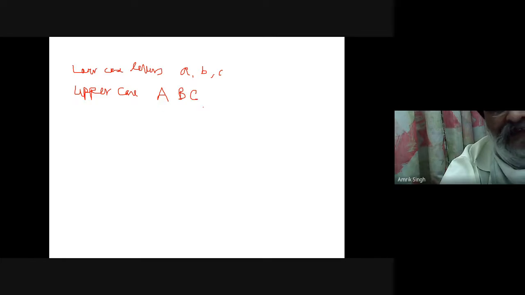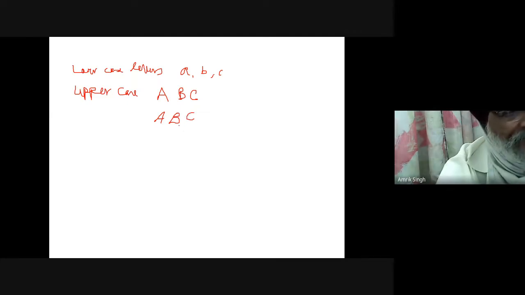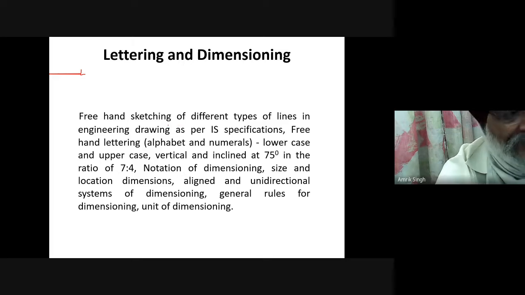They are the straight letters, and if they are inclined, we write them like this. We will be teaching you how to write these letters. So lettering is one of the topics, and then dimensioning, how to dimension an object.